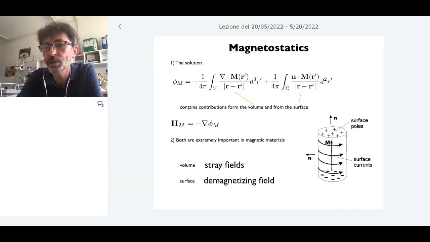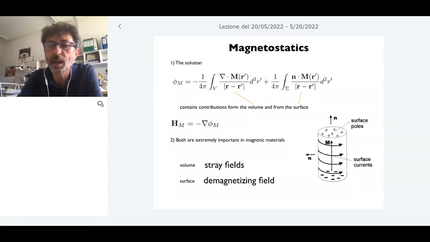The difference between B and H is only inside the material, because outside they will be the same. Magnetization is zero outside. Only inside they are different. And this difference is important because it means that the magnetic induction B is pointing in the same direction as the magnetization.